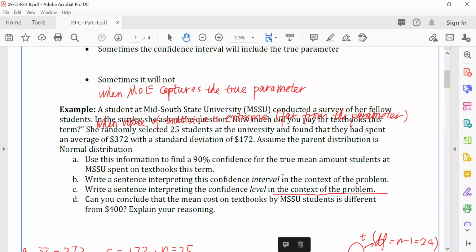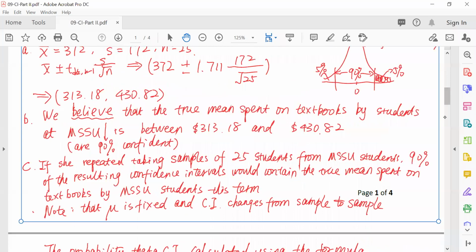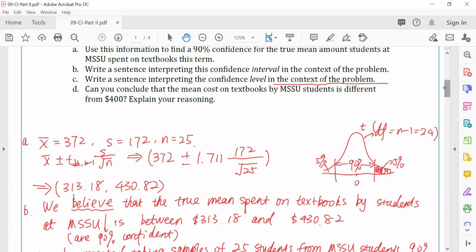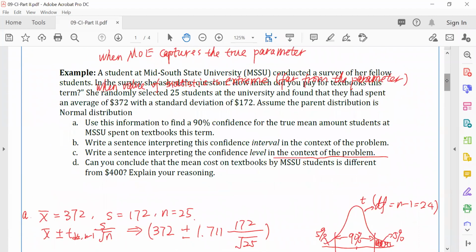What we do know is the sample standard deviation, S, right? Oh, all right. That makes sense. So this S is the standard deviation she got from her sample. So we are using the t-score. Okay. Yeah, that makes sense.